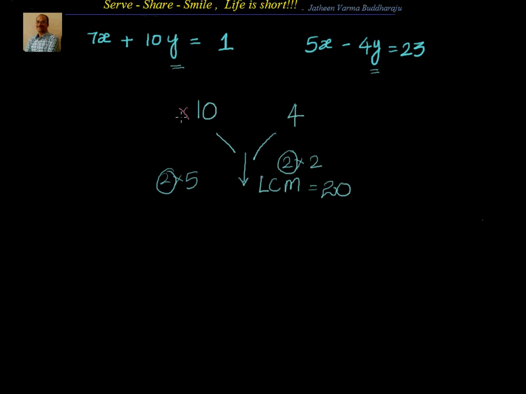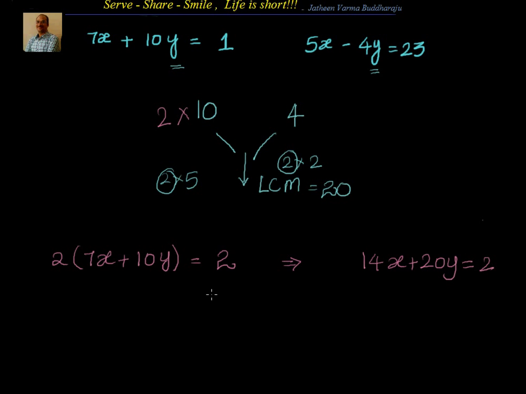We know that 10 into 2 is equal to 20. So I will write down 2 into 7x plus 10y is equal to 2 into 1 is 2, or can I say 14x plus 20y is equal to 2.